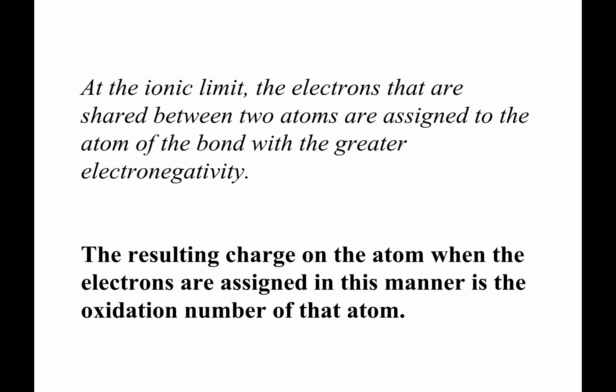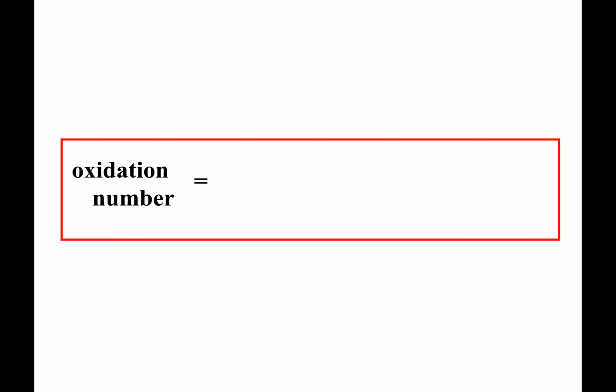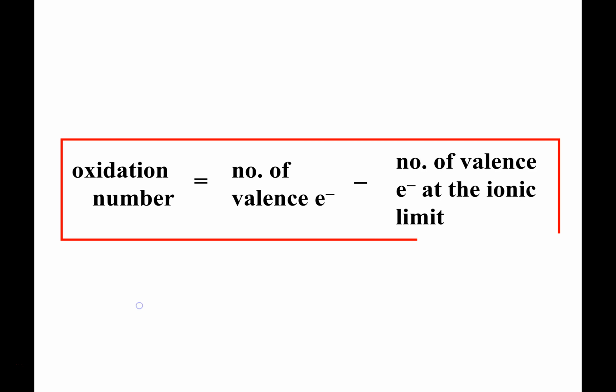So we're going to end up assigning oxidation numbers to atoms based upon the charge that the atom has at the ionic limit. So here we go. You ready? Oh, one more thing. Kind of like formal charge, it's a little subtraction problem.